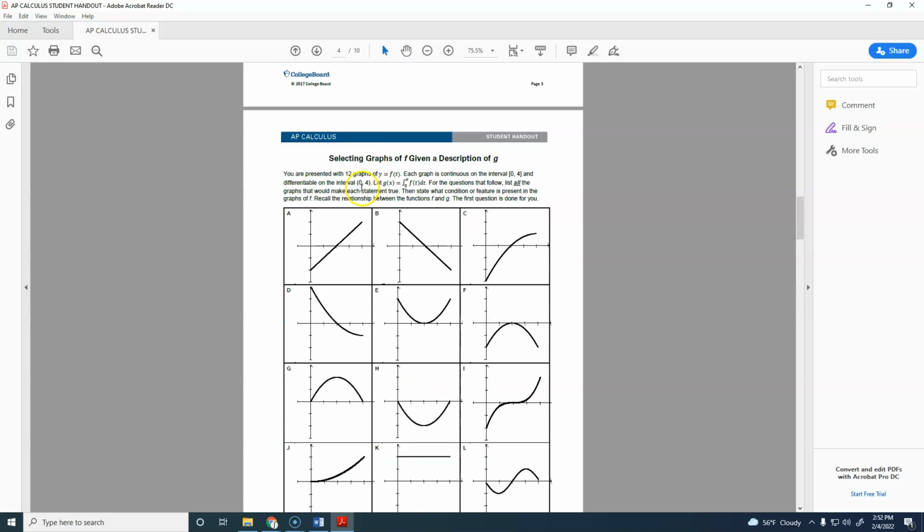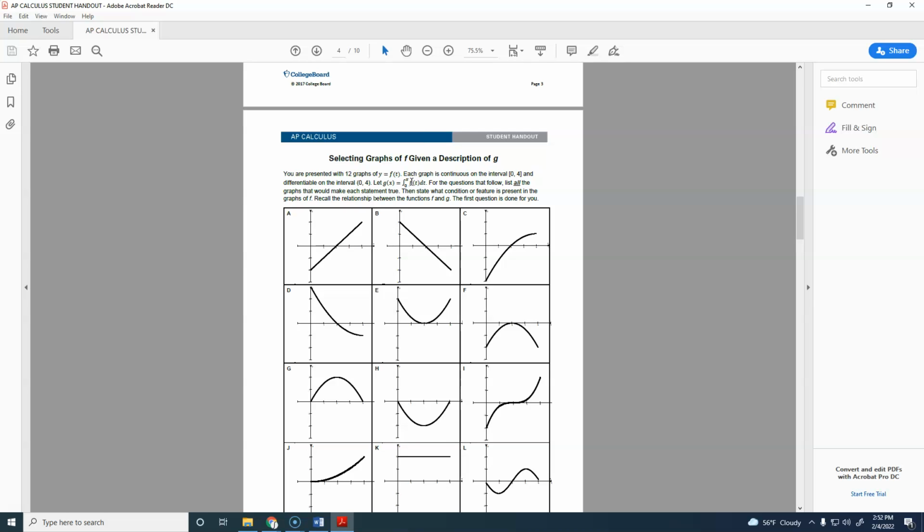And let me explain a little further. For each graph is given here from 0 to 4. G is the integral from 0 to x of f of t. All right. So all of these graphs that you see here are f. G is the integral from 0 to x of f.